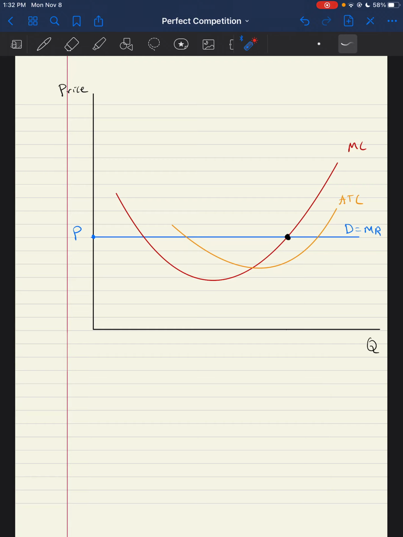Now we want to figure out what our profit maximizing quantity is going to be. So remember the rule that we talked about in class: our marginal cost has to be equal to our marginal revenue. What does this mean?